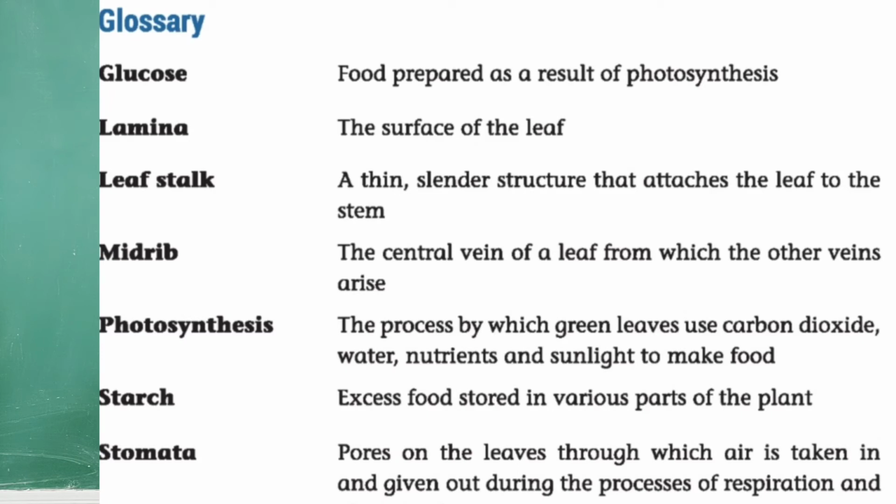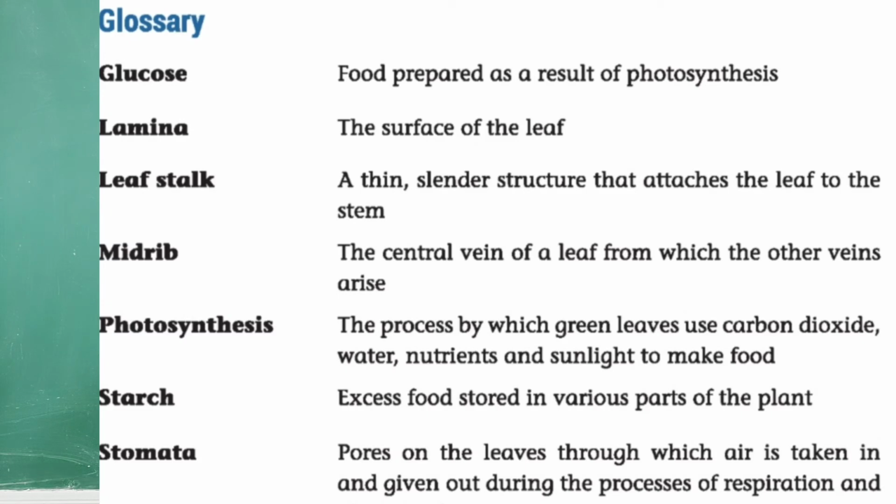Midrib, the central vein of a leaf from which other veins arise. Photosynthesis, the process by which the green leaves use carbon dioxide, water, nutrients, and sunlight to make food. Starch, excess food stored in various parts of the plant.